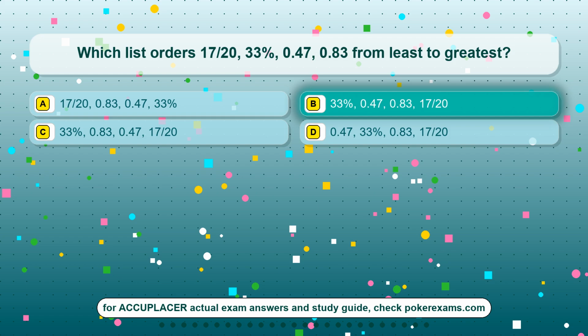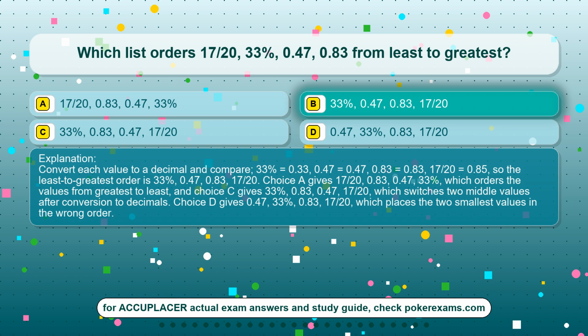The correct answer is Option B, 33%, 0.47, 0.83, 17/20. Convert each value to a decimal and compare. 33% equals 0.33, 0.47 equals 0.47, 0.83 equals 0.83, 17/20 equals 0.85, so the least-to-greatest order is 33%, 0.47, 0.83, 17/20.